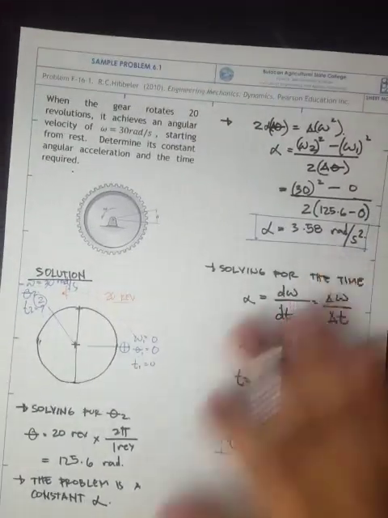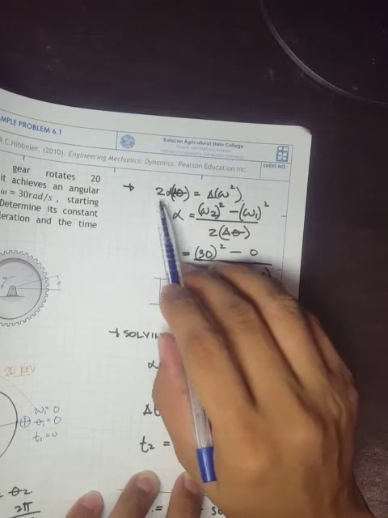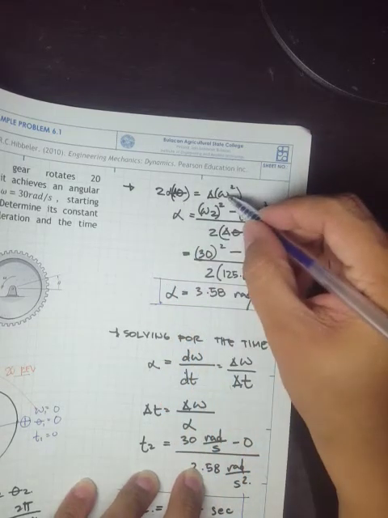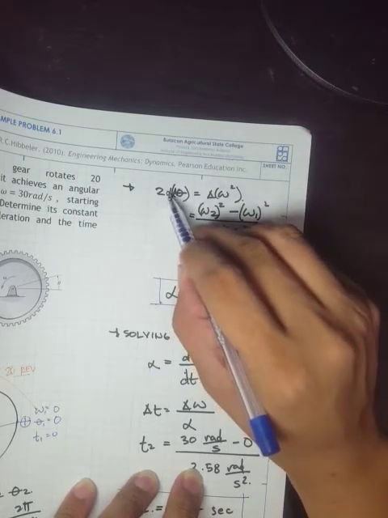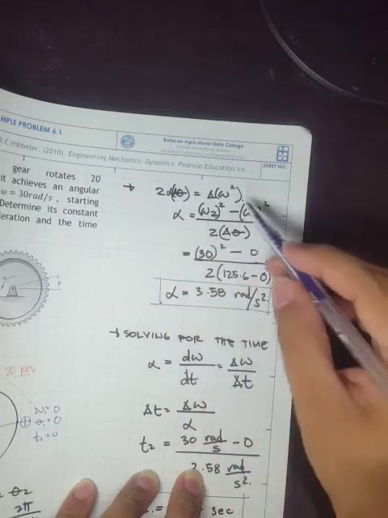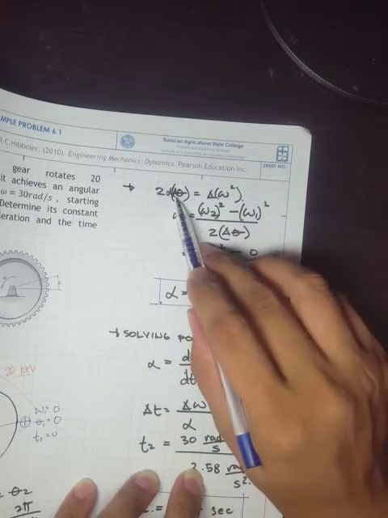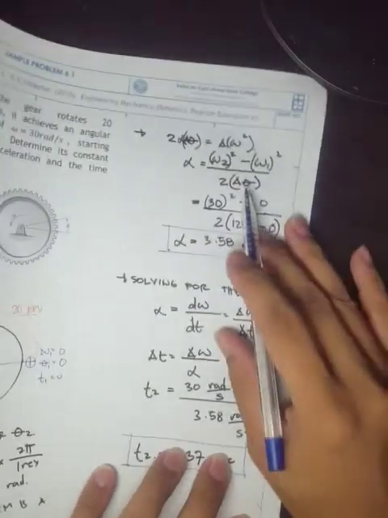One of the equations has the angular velocity, the angular distance, and the angular acceleration. Both are given at point 2 and point 1, so we can solve for this angular acceleration.